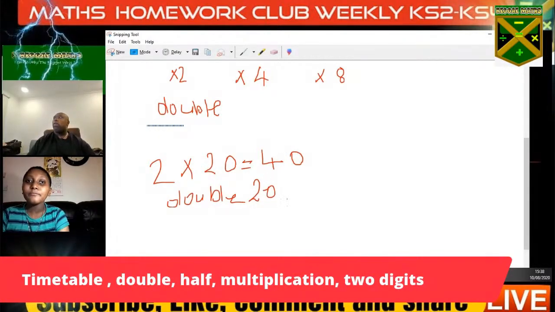Anything times 0 is 0, okay? So that is doubling. So double 20 is 40.